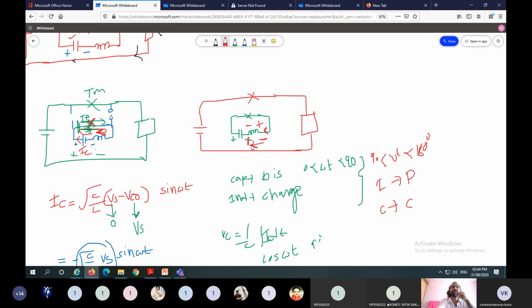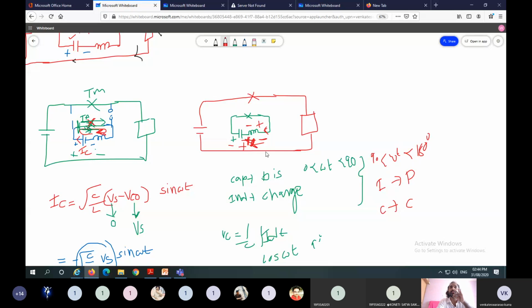So here the inductor starts discharging and the capacitor charges in this direction. Here the capacitor starts charging, so the polarities across the capacitor are like this: this one is minus, this one is plus, because current flows in this direction and the capacitor is charging in this time period. Between 0 and 90 degrees, the capacitor is discharging, so the polarities are plus, minus.